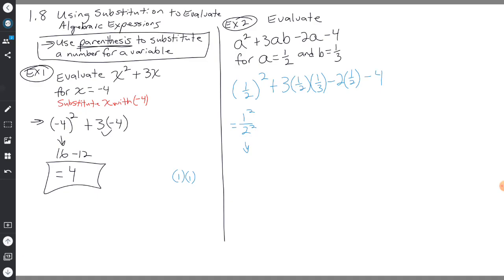So the base is 1, so we're multiplying it by itself 2 times. The base for the bottom is 2, so with the power of 2, we multiply 2 by itself. So that's where we get 1/4 from there. And let's just rewrite everything.